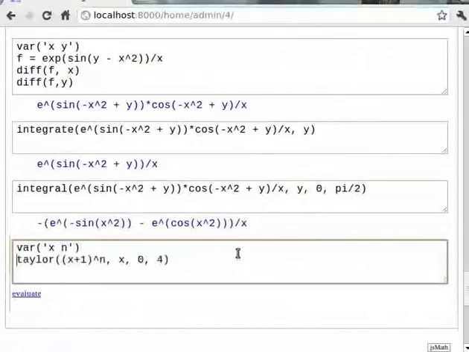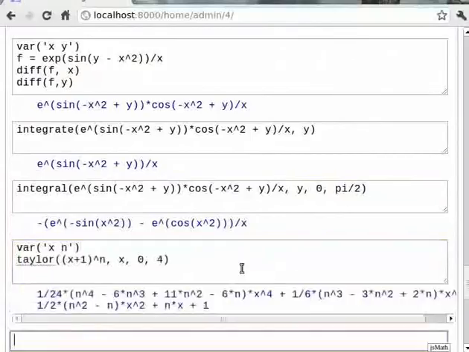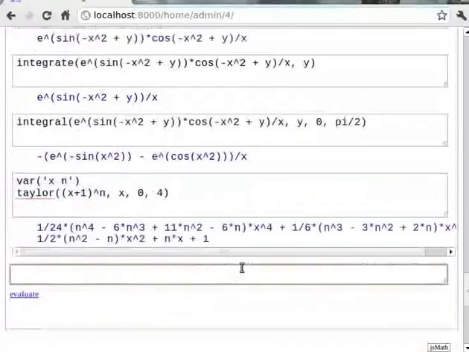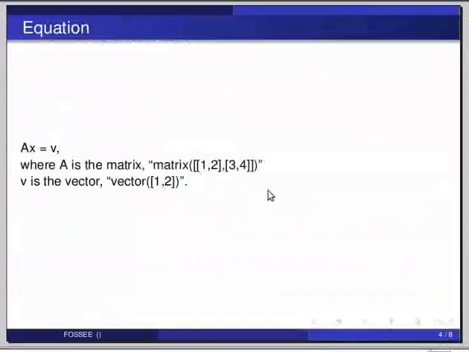We easily got the Taylor expansion using the Taylor function. So this brings us to the end of the features of Sage for calculus that we are looking at. For more, look at the calculus quick reference for Sage Wiki.